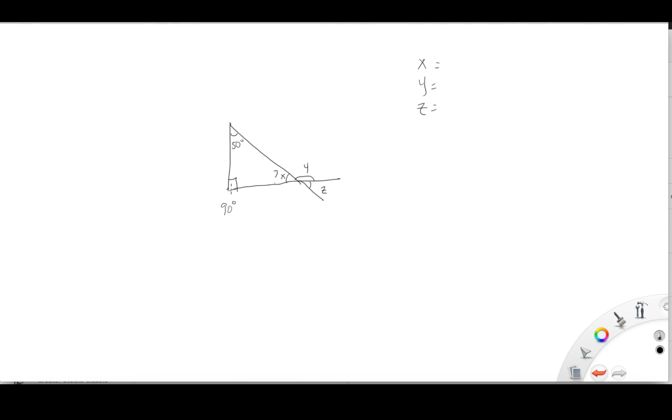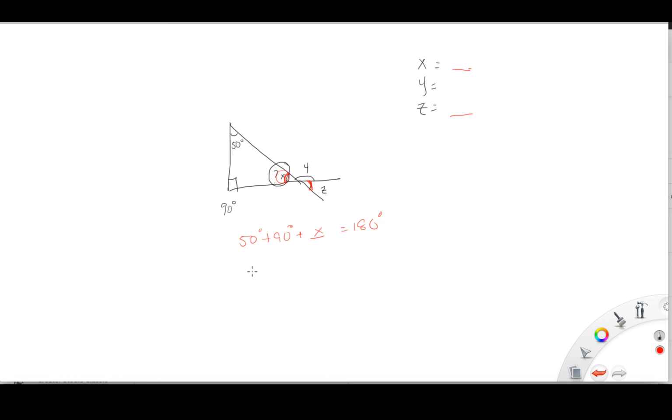First of all, let's start with this triangle and come up with angle X. And you'll notice something. Angle X right here is going to be the exact same as this angle. So x and z are going to be the same number. So I'm going to just put red marks there to indicate that. So how do you find what angle x is? Well, 50 plus 90 plus, we don't know what angle x is, equals 180, because we know the interior equals 180 degrees.